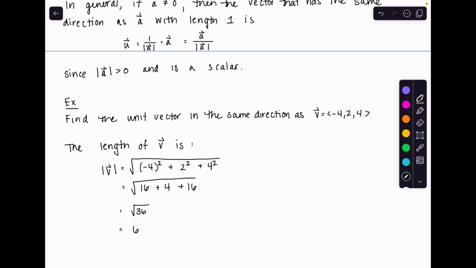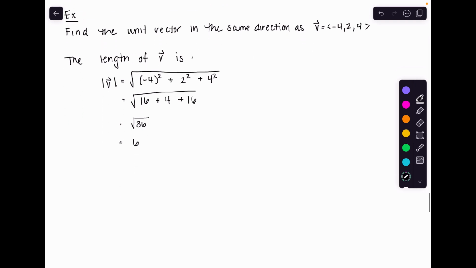So knowing that this is the length of V, I'm going to go ahead and I'm going to divide every single component by 6. So the unit vector, which we call U or unit, in the same direction as V, is the following.